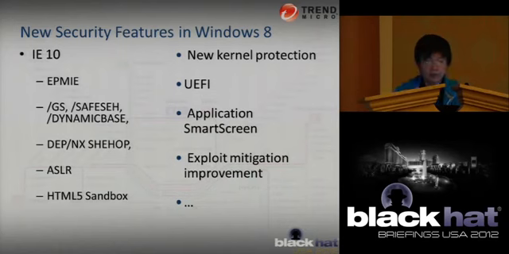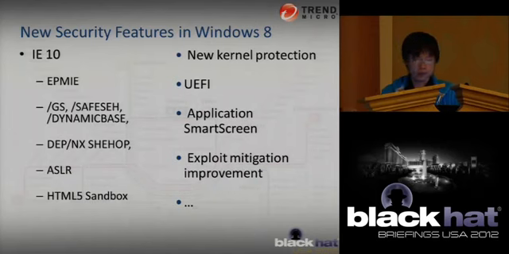No doubt there are lots of security improvements in Windows 8: the new Internet Explorer, Enhanced Protected Mode, boot protection, and new exploit mitigation technology, which can mitigate exploits targeting user space applications as well as kernel vulnerabilities.